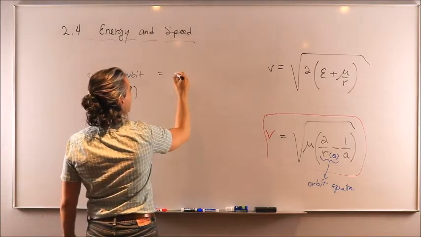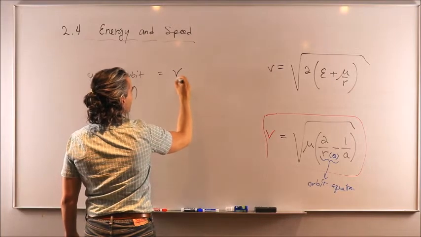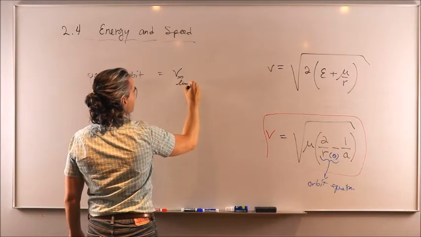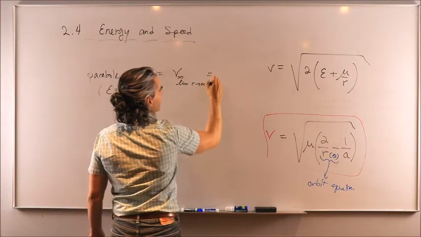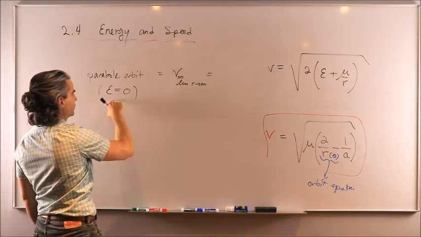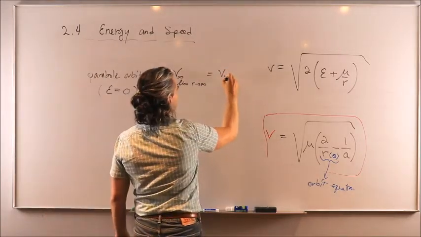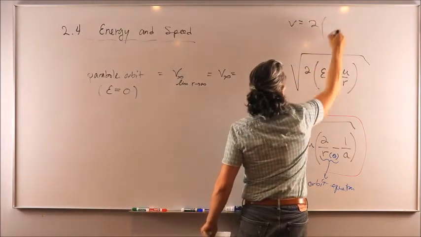We're going to say that this is the speed at infinity, meaning the limit of r towards infinity, whenever the orbital energy is equal to 0, so for a parabolic orbit, and we're going to get V infinity.